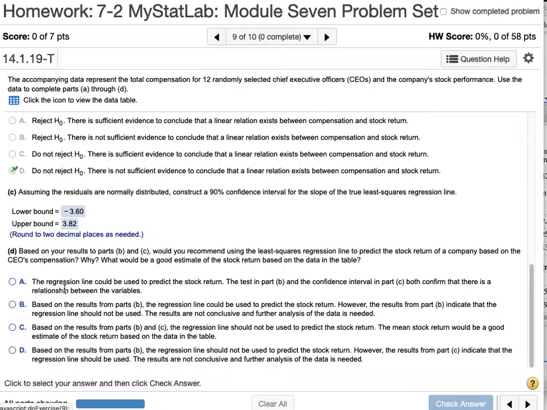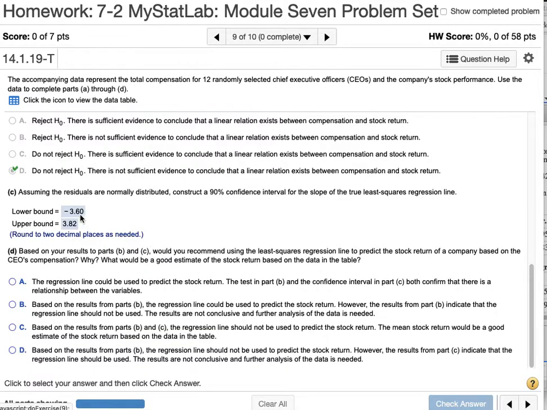So the regression line could be used to predict the stock return, the test in part B, and the confidence interval. So this is already wrong. Based on the results from part B, the regression line could be used to predict, no. Based on the results from parts B and C, the regression line should not be used to predict the stock return.